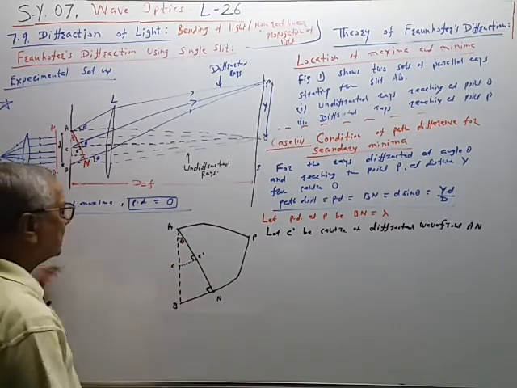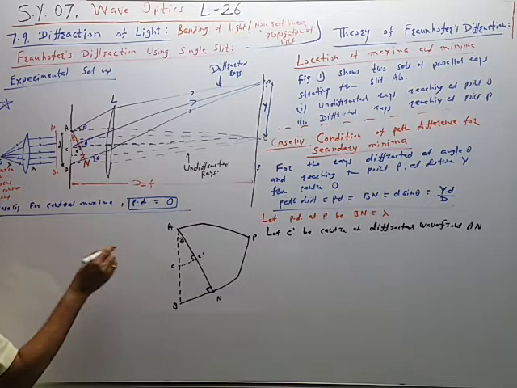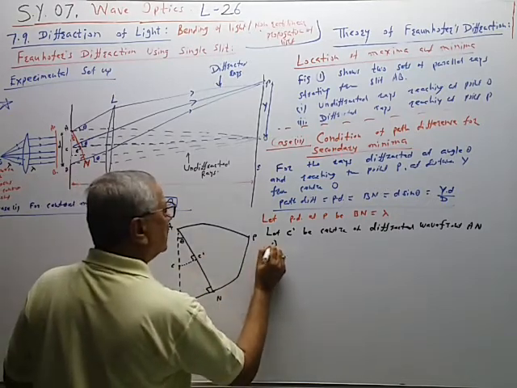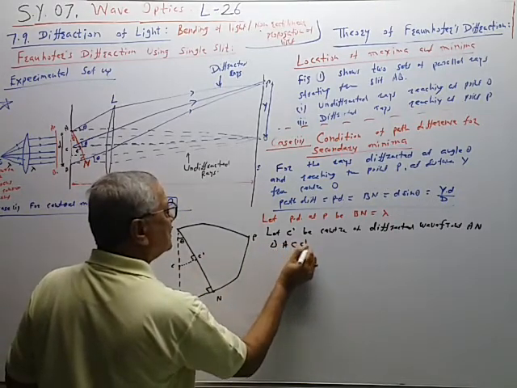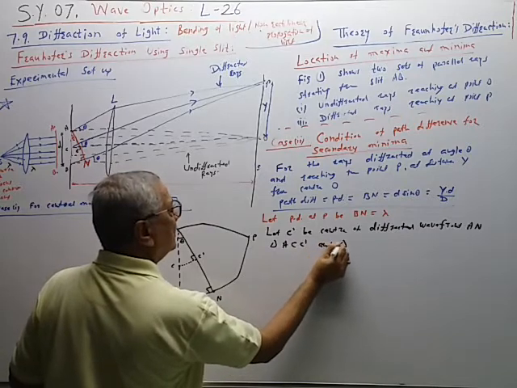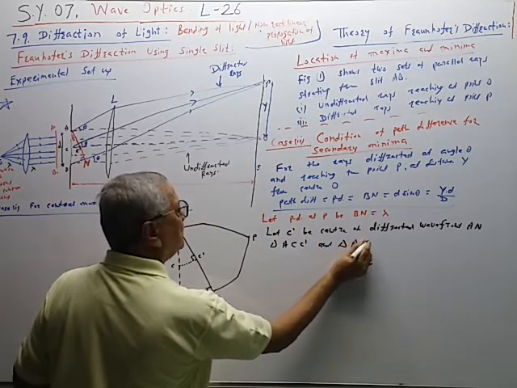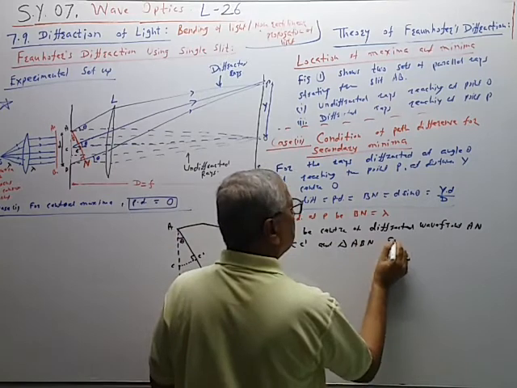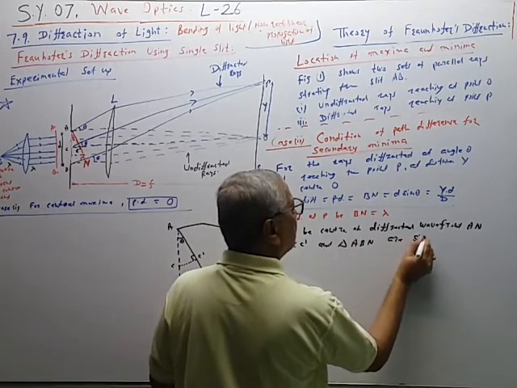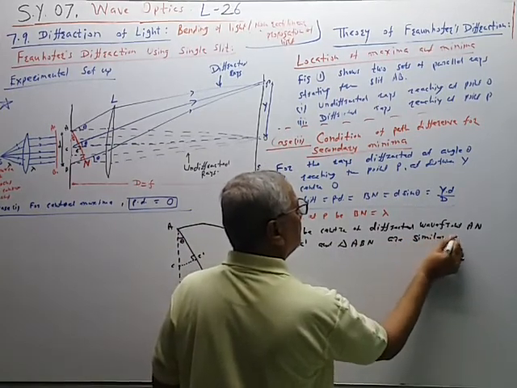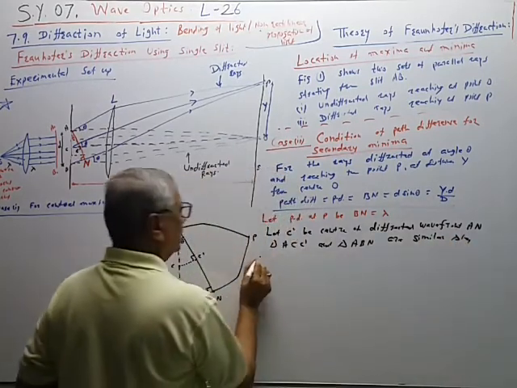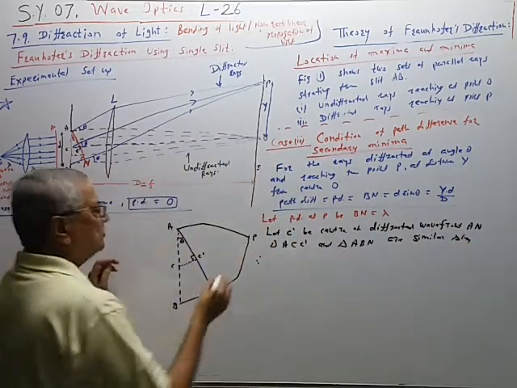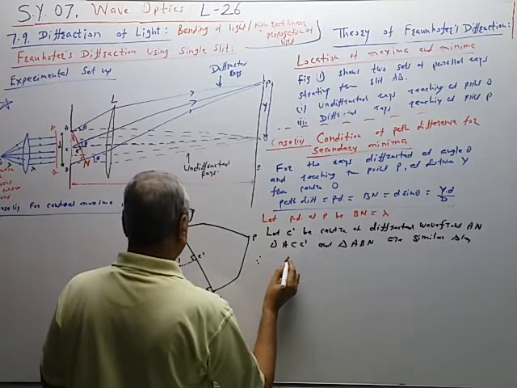So triangle ACC dash and triangle ABN are similar triangles. Therefore, we can use the property of similar triangles.